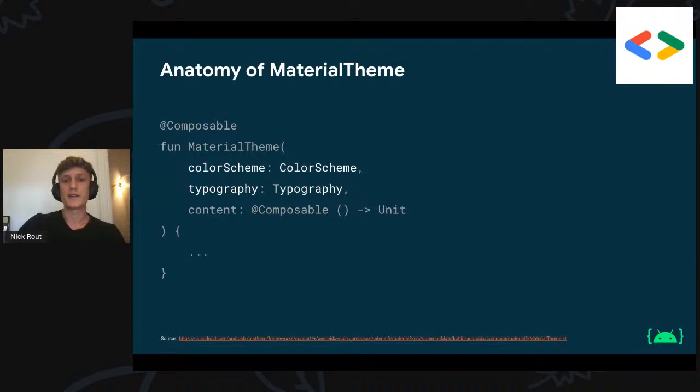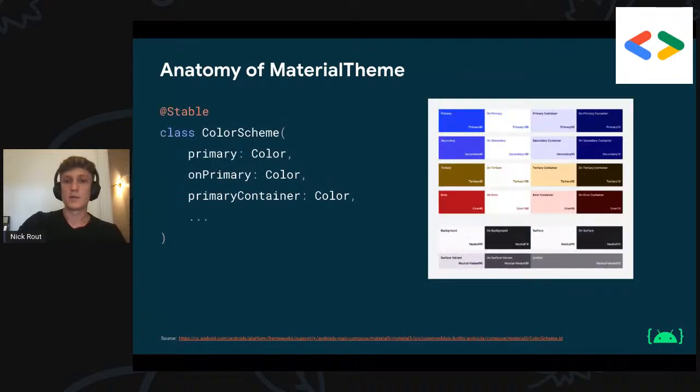Starting off with the color scheme and typography. These are actually just Kotlin classes that model a particular material system, a theming system, if you will, which is effectively a way of grouping together values that are in a familiar family. So in this case, we've got a bunch of colors.